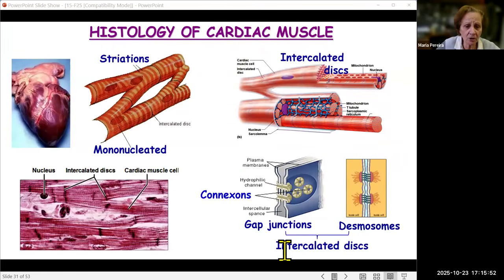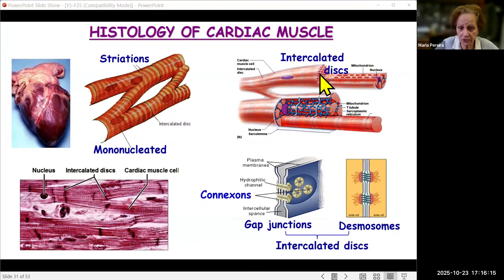Okay, so we went over in great detail the histology of the cardiac muscle cells: they are striated, they are branched, they only have one nucleus, and they have these very important structures located in the intercalated discs.